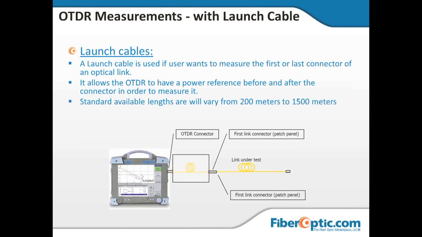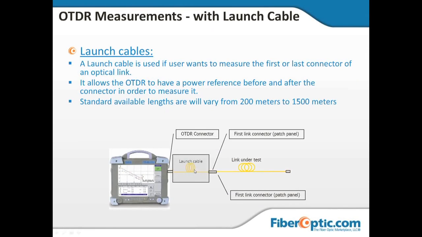If I need to test my patch panel connector, if I just plug straight into it, I've got this launch event right here. I don't have backscatter before it, so I can see the backscatter after. I don't know how much loss I have.